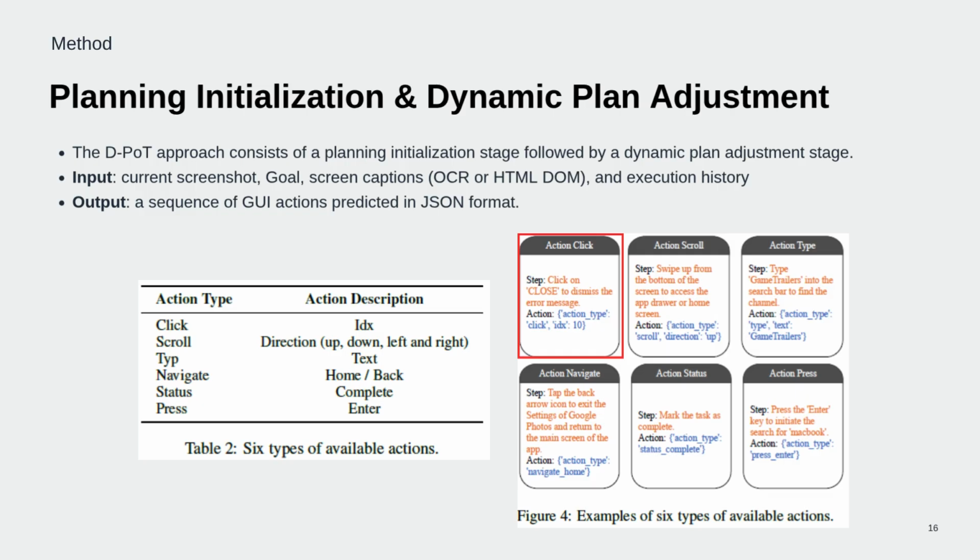They just define it in JSON format. When the LLM predicts that this action needs to be done by a click action, the LLM will just generate the action type as click, and you should click the UI component with IDX10. Very directional.